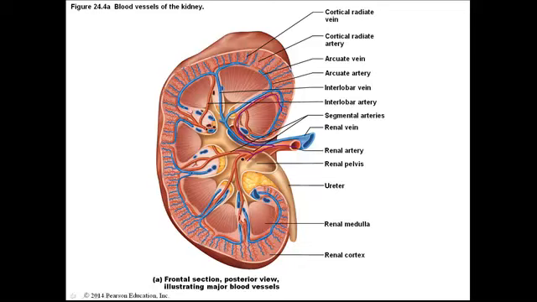From the arcuate, we're going to go to the cortical radiates. Arcuates, so they arc. So I remember that: the arcuates arc. Because in the cortex, right, the outside radiates. They look like they're radiating.